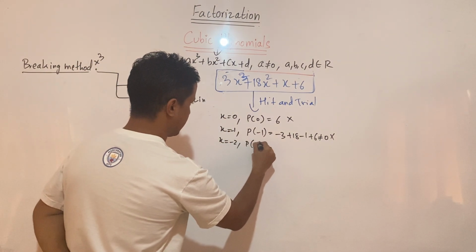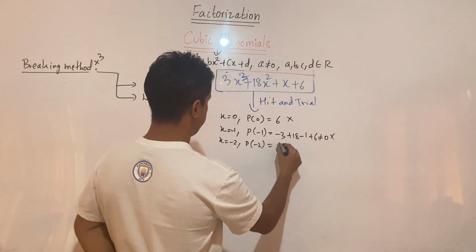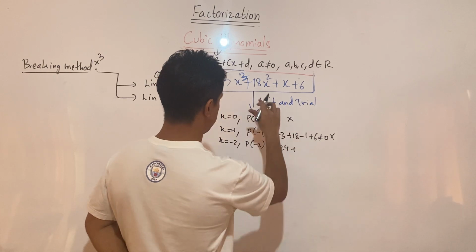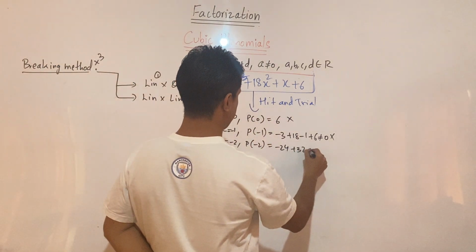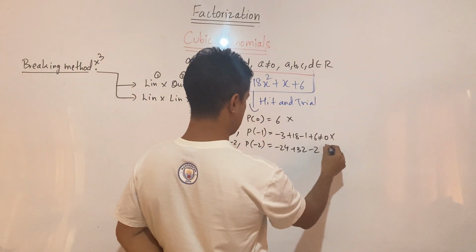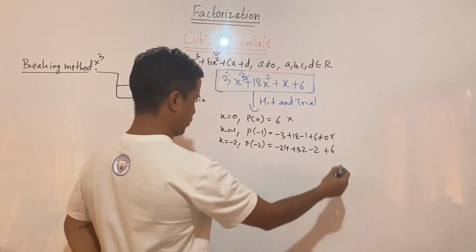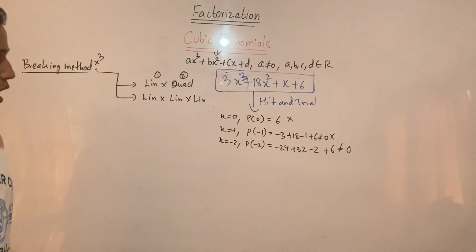Okay, let's say x = -2. So p of -2 would be 24 minus 24 plus 18 for 32, and here minus 2 plus 6. No, it's not going to be 0, right?